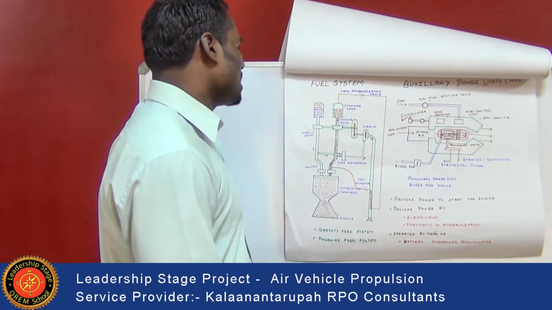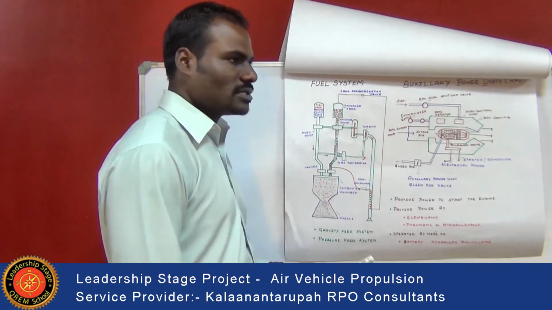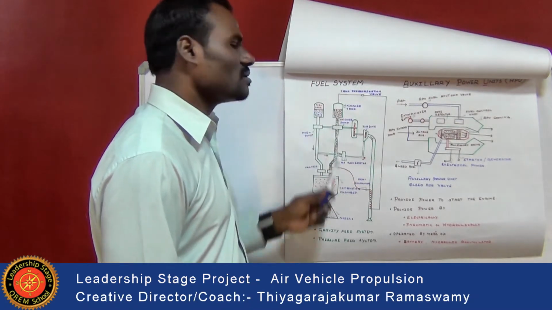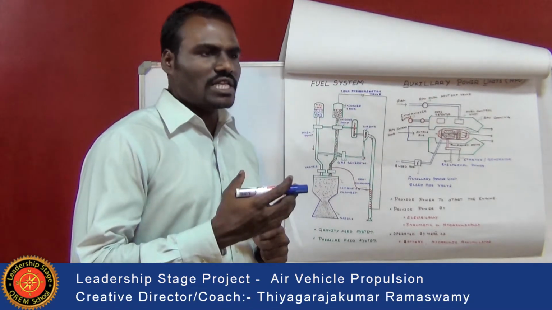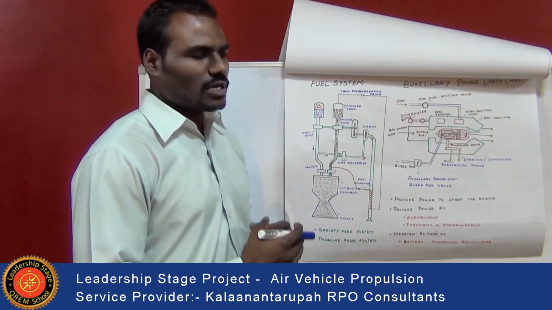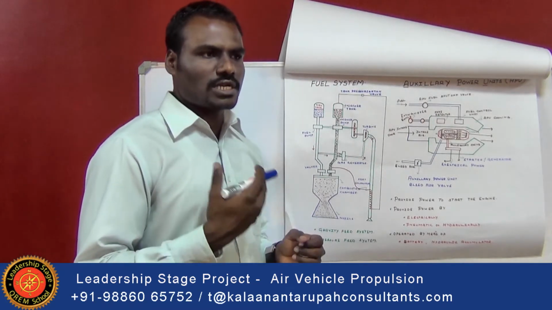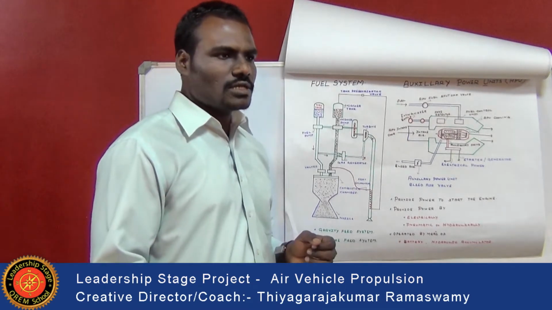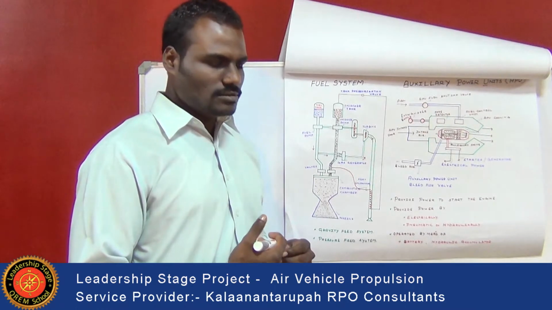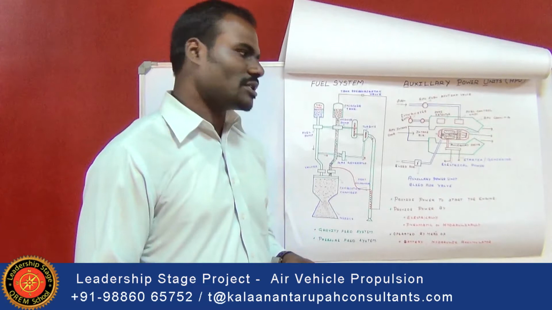This is the diagrammatic representation of a fuel system available in the aircraft engine. Here is the fuel tank. From the fuel tank, with the help of a pump, the fuel is supplied to different portions of the aircraft, so that the fuel from the tank situated in the wing is sent to the engines through different pipelines in order to give the fuel to the combustion chamber.